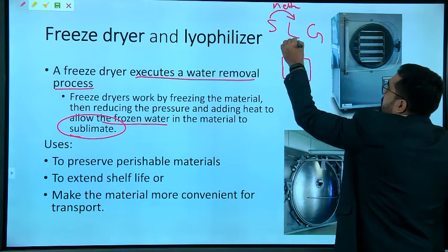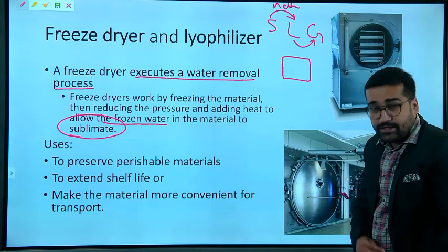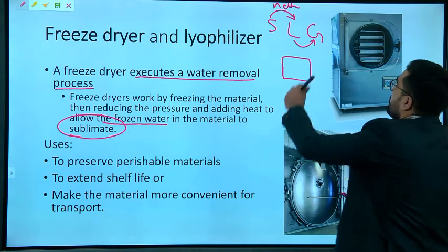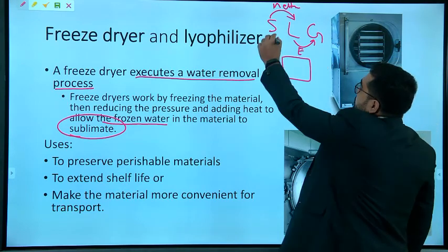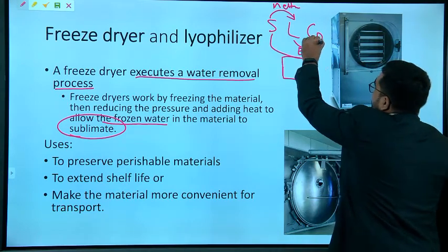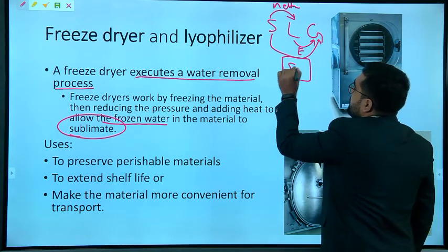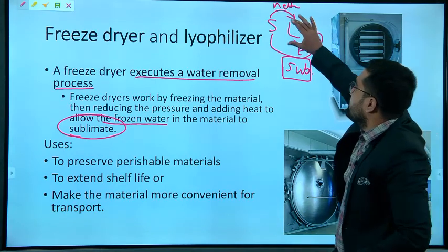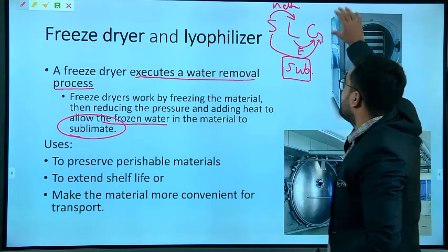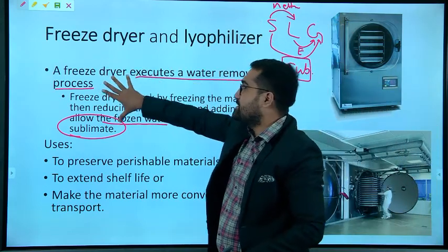When we convert liquid to gas, it is known as evaporation. But when we directly convert solid to gas, like ice to vapor, then we call it sublimation. The term we use for converting solids directly to gas is sublimation. So, sublimation happens in the freeze dryer.